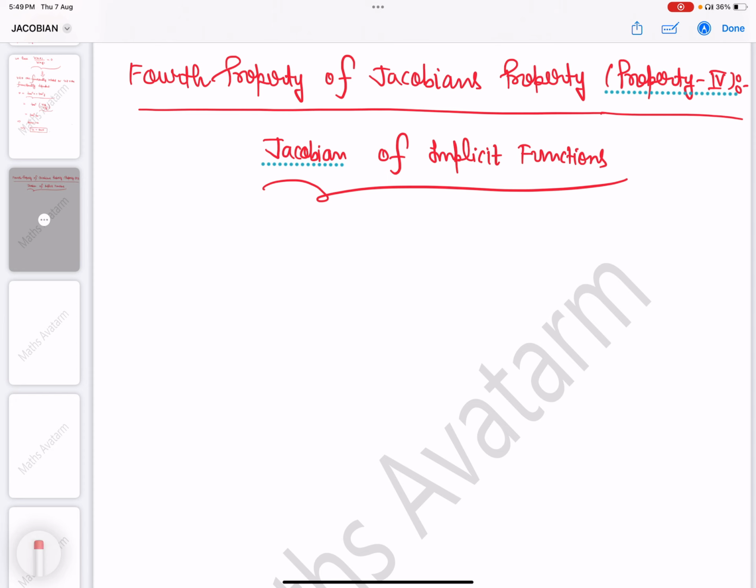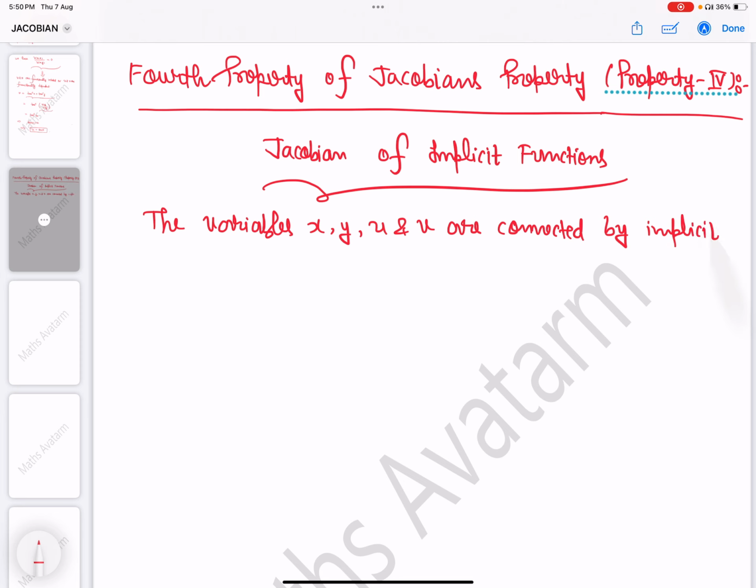So, for that, the variables x, y, u and v are connected by implicit functions f1(x, y, u, v) and f2(x, y, u, v).